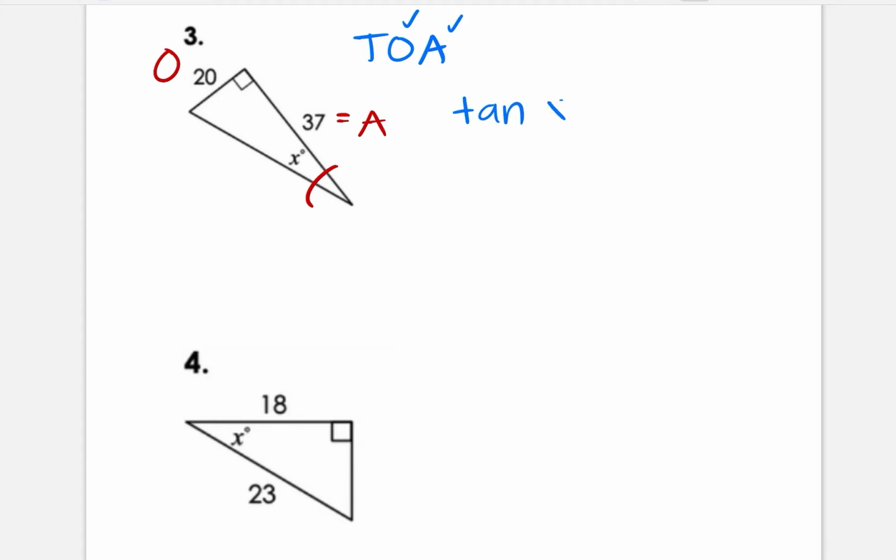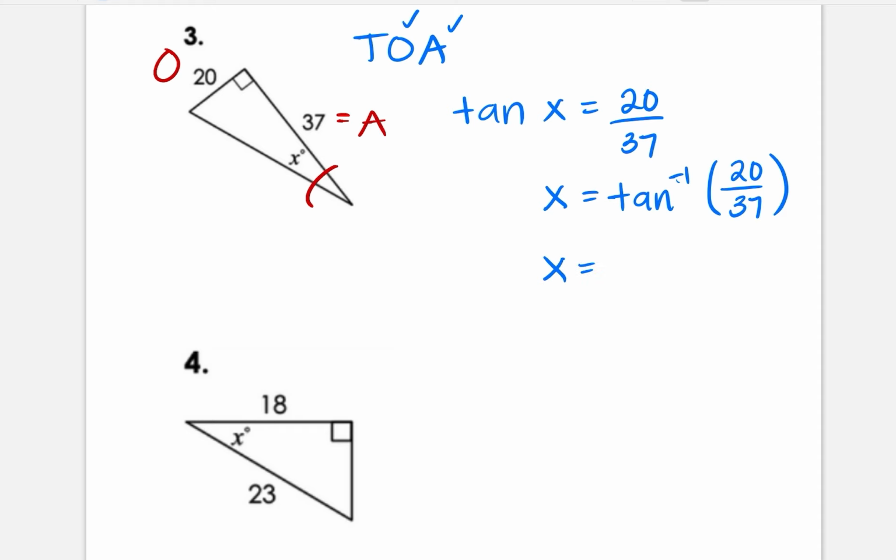Tangent x equals 20 over 37. We're going to take the inverse of tangent, so x equals inverse tangent of 20 over 37. When we type that in our calculator, we should get about 28.4 degrees.